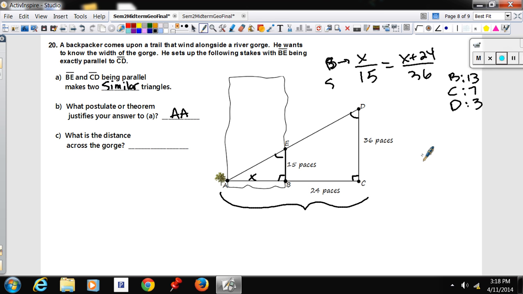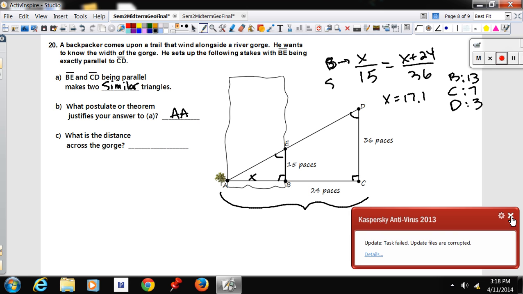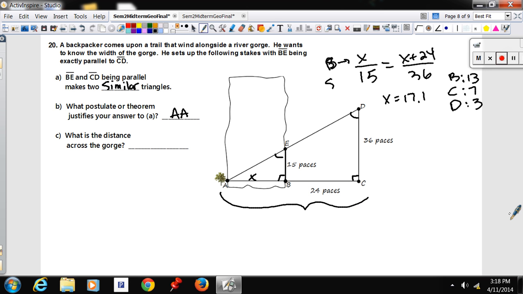And then you cross multiply, and for your A and your C versions, you're going to get 17.1 paces. For your B and your D versions, you're going to get 26.2.